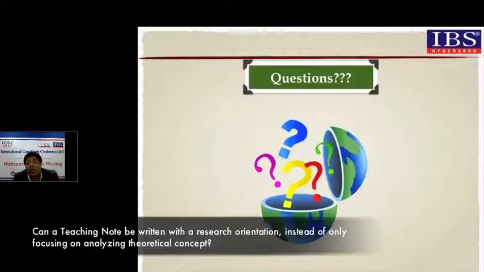And particularly if you are targeting journals like Case Research Journal, they will look very hard into that component. What kind of research orientation you have? Like when you have identified the basic issues, you can also do some literature review and put it up there. That will be very well appreciated by journals like CRJ. So I guess a research orientation is very important here. So you can always do that.